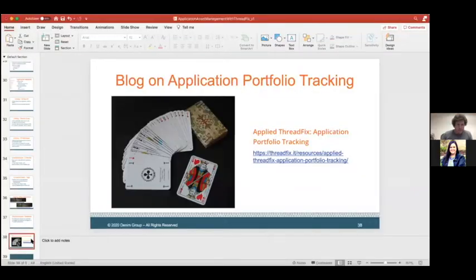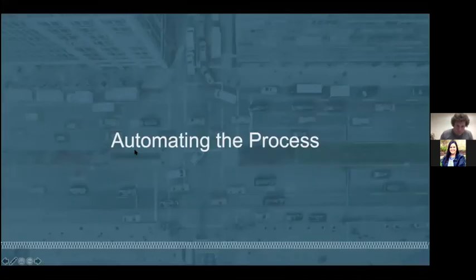So let's go back here. There we go. Now let's look at automating the process. As I mentioned, there's some commercial folks out there that are doing a lot of really good and really interesting work on detecting your application portfolio, or your asset portfolio, not just looking at applications. And each of them has kind of a different approach.